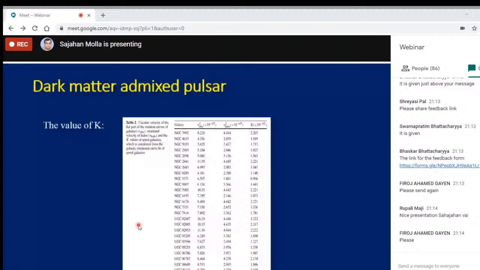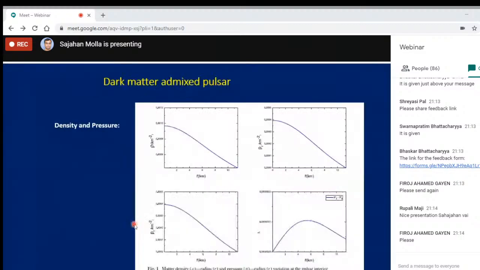From the Einstein field equation, if we put in all the metric parameters, the velocity dispersion value K and constant M, we get the density function in this figure, the radial pressure in this figure, and the transverse pressure in this figure.